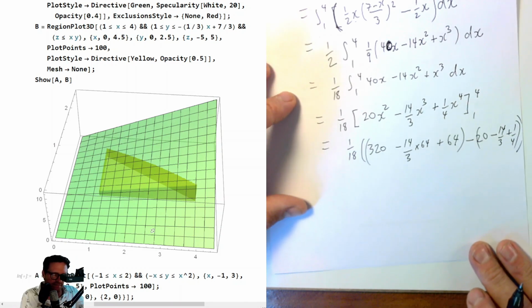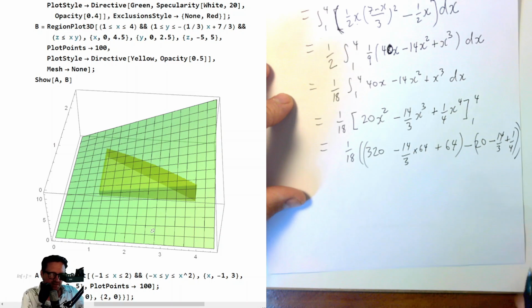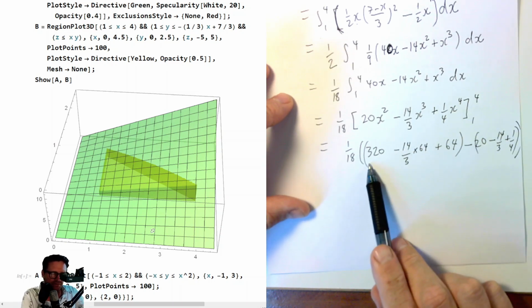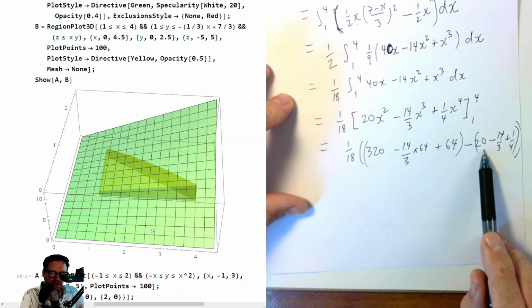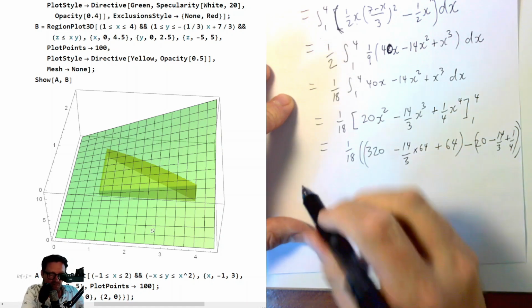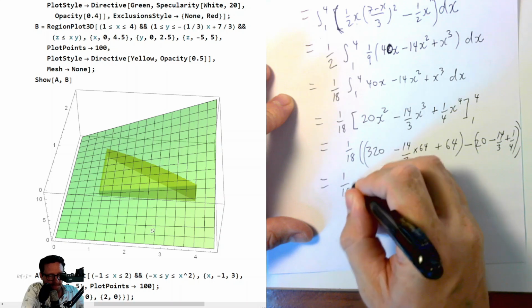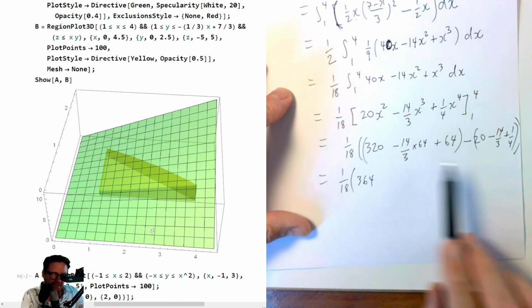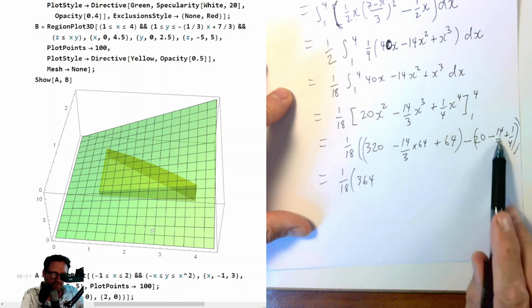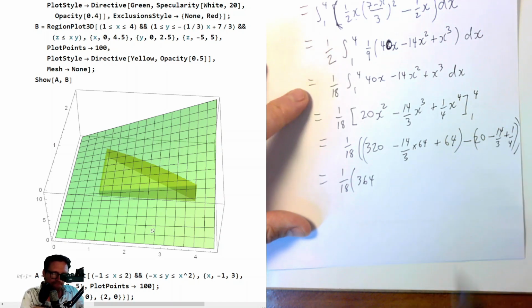All right, so let's simplify this. Let's look at the integers first. So that's 384 minus 20 gives 364. Okay, now this little piece, that's a plus 14 over 3.